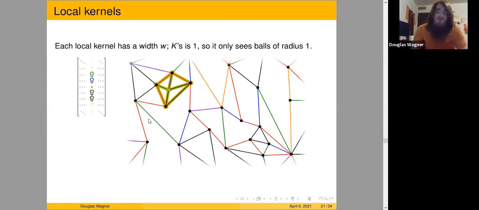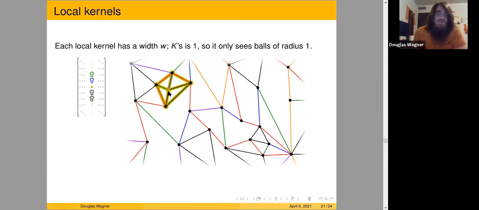Well, the local part of local kernel comes from its finite width, which K will say has width 1, which means it's going to be looking at balls of radius 1. So the radius 1 ball around the gold vertex is this gilded subgraph, which contains every vertex within one edge of the gold vertex, as well as all the edges that connect them.